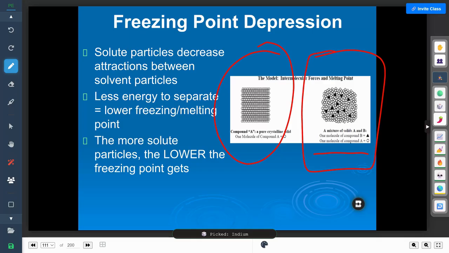We'll start with indium. I'll get you a little microphone.